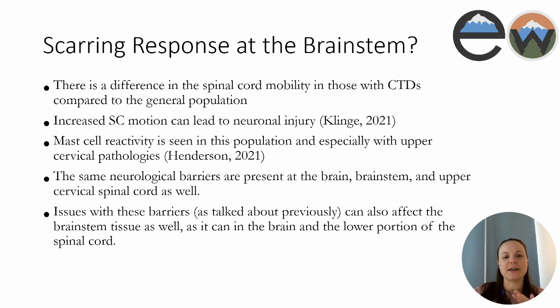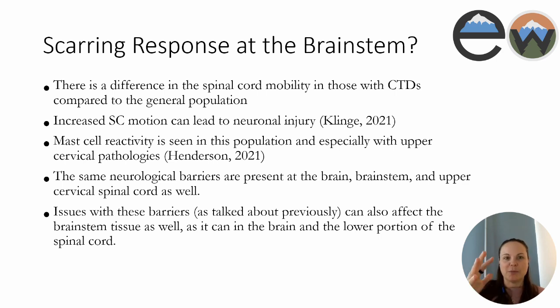We have those same neurological barriers in the brain, the brainstem, and the upper cervical spinal cord as well. So, same tissues that we're talking about, same barrier systems that can have that breakdown effect if we have the connective tissue pathology and things that are making our connective tissue mad. So the issues with those barriers, as we talked about previously, and the breakdown, especially in our second lecture, can also affect the brainstem tissue as well.